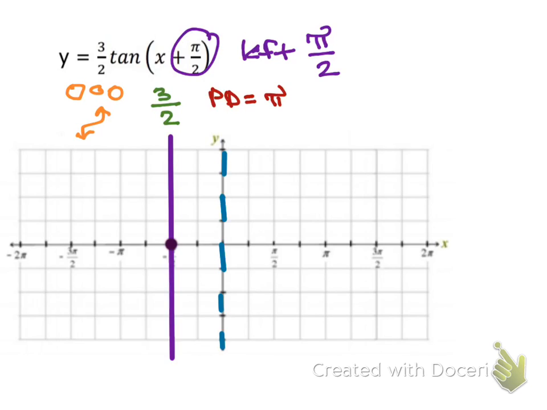Over here, there's pi over 2, and over here, there's pi over 2. Now I will put in the 3/2. Tangent is down to up, so in between my asymptote and my 0, I'm going to have a point down 3/2 and then a point up 3/2. And there she is.